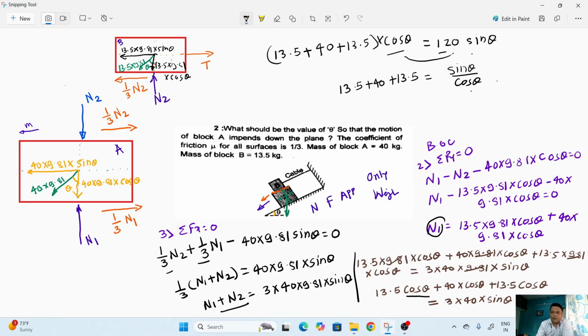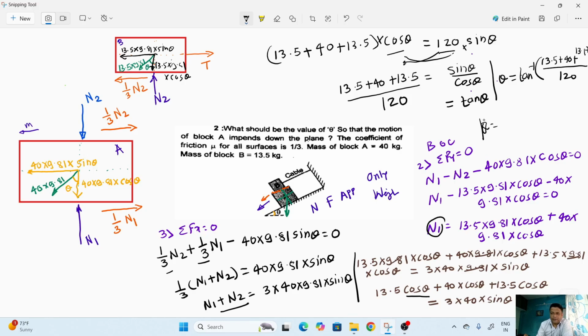And this 120 is multiplied here, so when it goes to the other side, it will divide the other side, so it is divided by 120. Now sine theta by cos theta is equal to tan theta, right? So theta is equal to tan inverse of 13.5 plus 40 plus 13.5 divided by 120. This way, by taking the inverse of this term, we can find the value of theta.